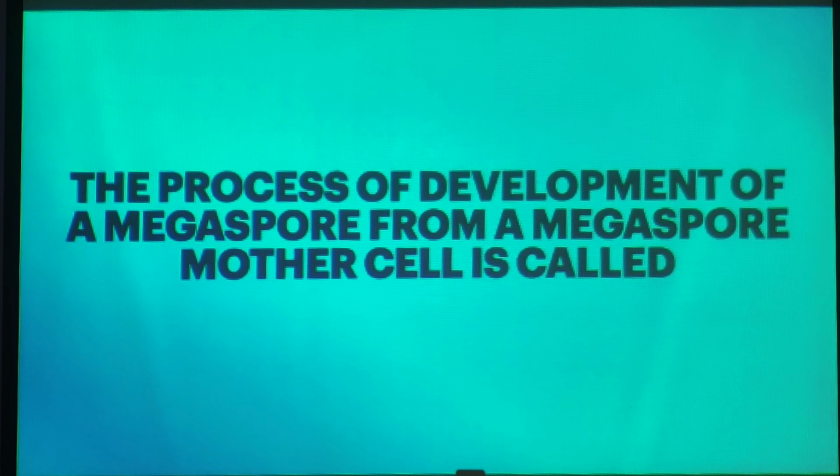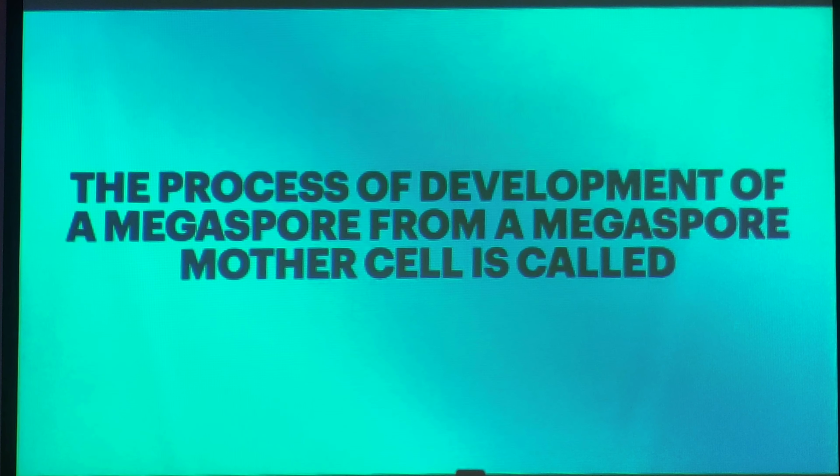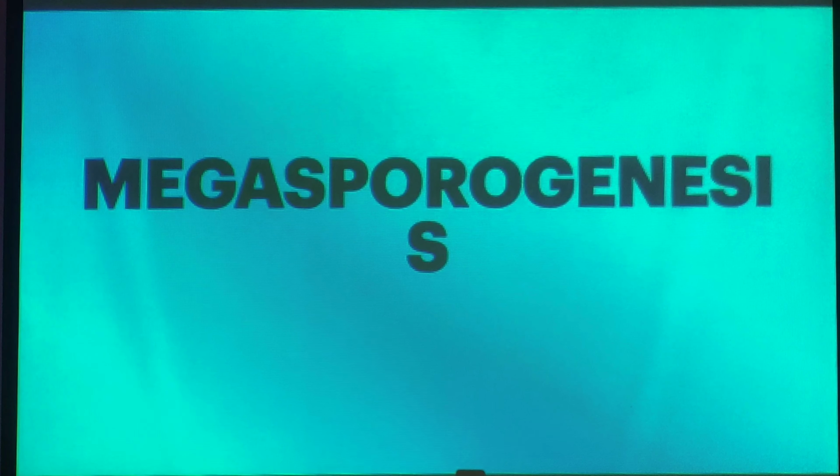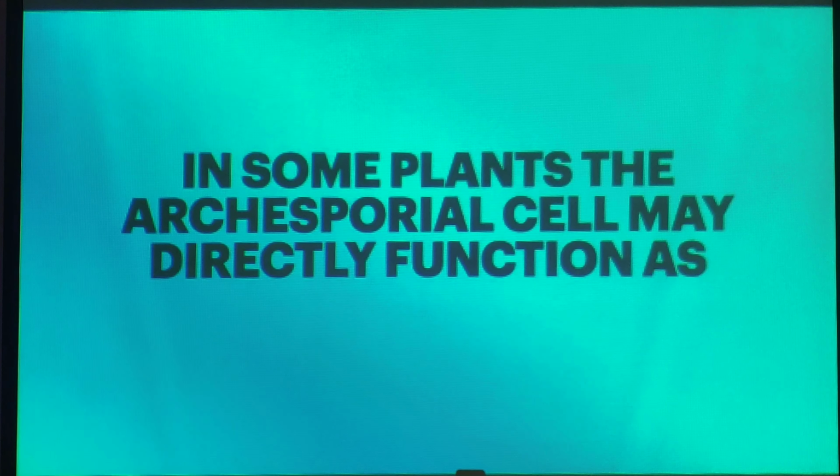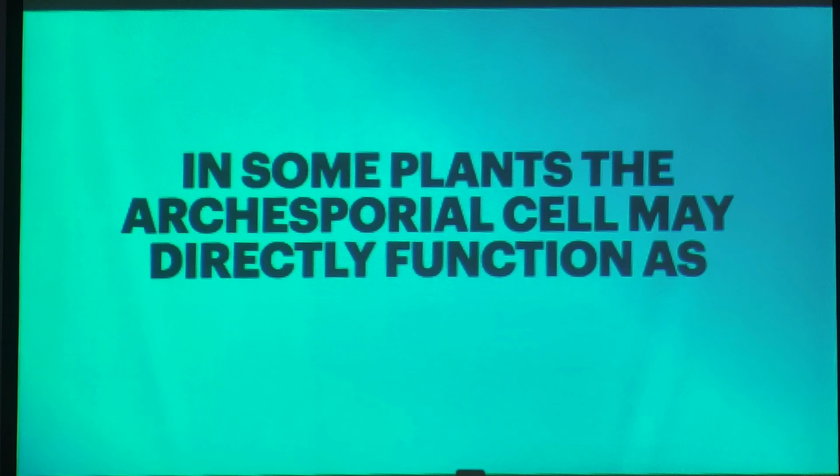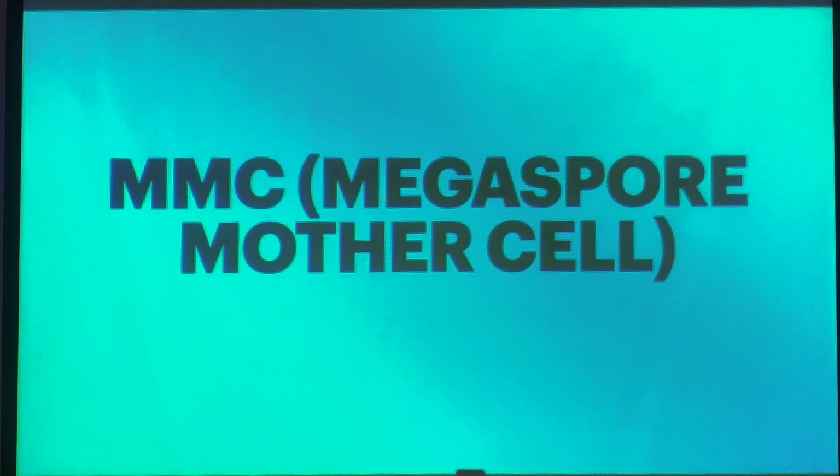The process of development of a megaspore from a megaspore mother cell is called megasporogenesis. In some plants, the archisporial cell may directly function as MMC, that is megaspore mother cell.